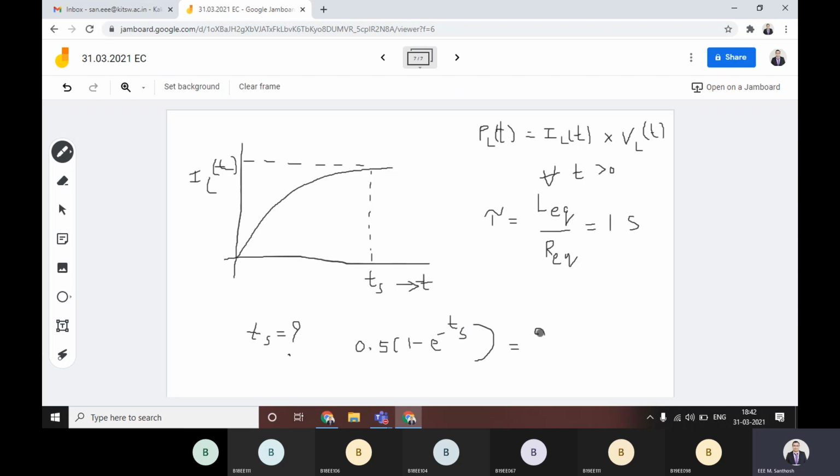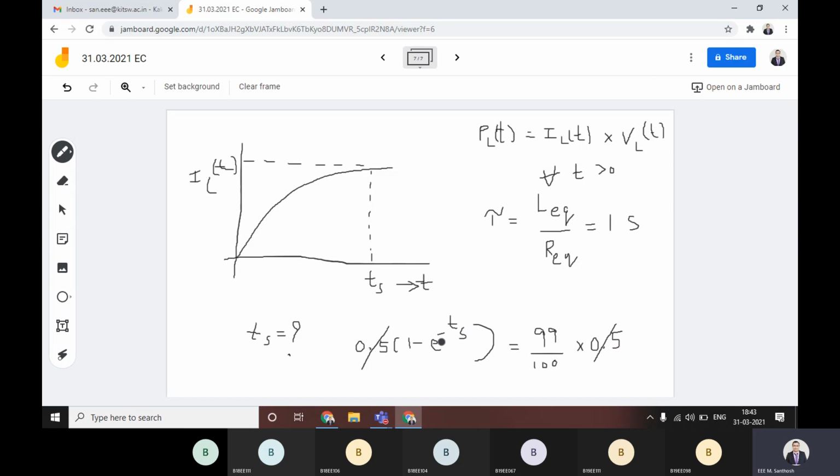This is equal to 99%. That means 99 by 100 into our final value. Final value is how much? 0.5. If you solve this one, this 0.5 gets cancelled.